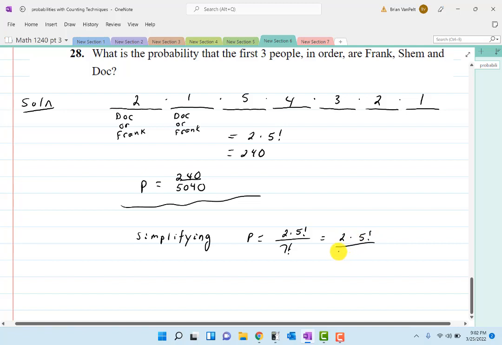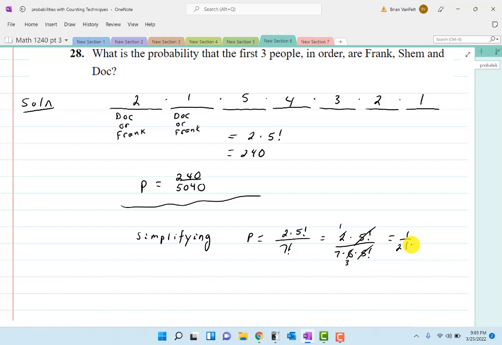In the denominator, I can do 7 times 6 and then stop at 5 because that goes to 5 factorial, and then I can slash them off. And you can see this is 2 out of 42. I can simplify even further. That's 1 out of 21. So they're almost enjoyable to simplify these things because of all the canceling that's done.